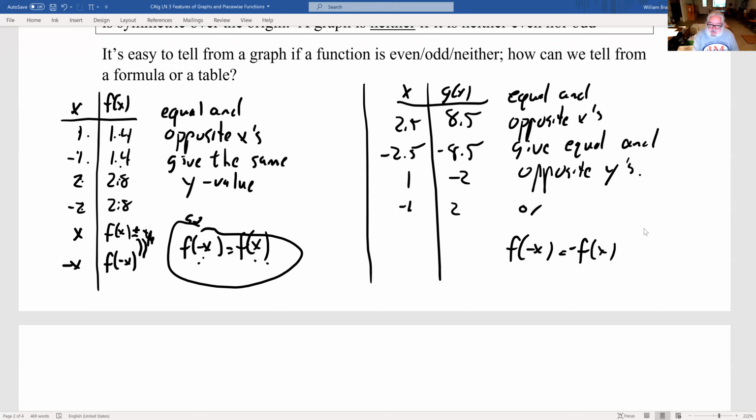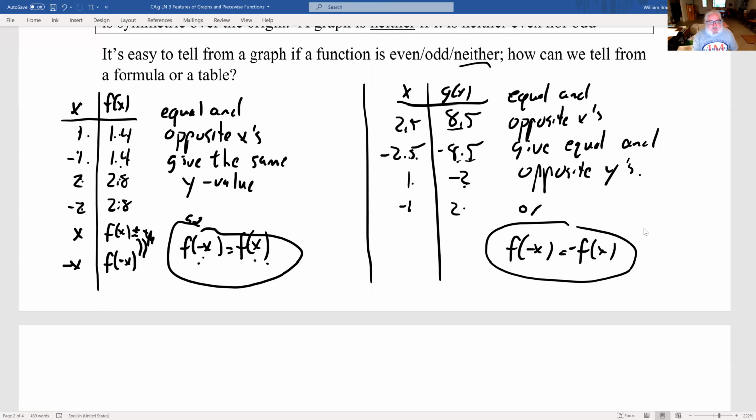So f of minus 1 is the opposite of what you get when you plug in 1, so that's 2. F of 2.5 is the opposite of what you get when you plug in minus 2.5. So again, if you have a table, equal and opposite x's give you equal and opposite y's, that's odd.